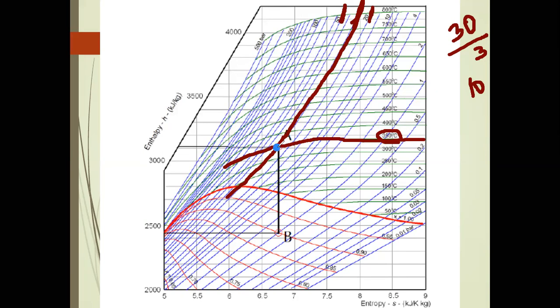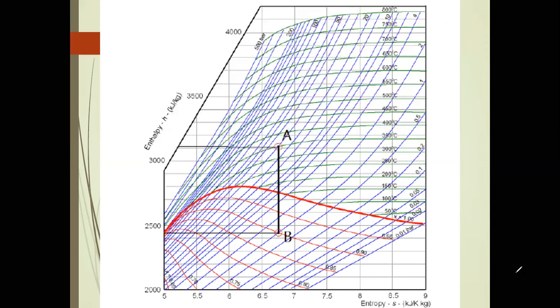The intersection of these two pieces of information, 30 bar and 350 degrees Celsius, will be our initial point, the point A. Am I clear? Okay, so we got the A point. Let's remove the A point for now.